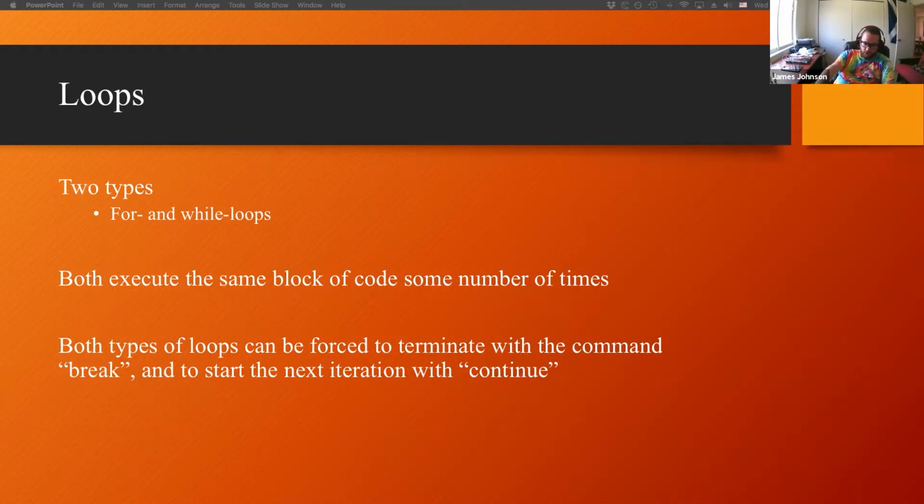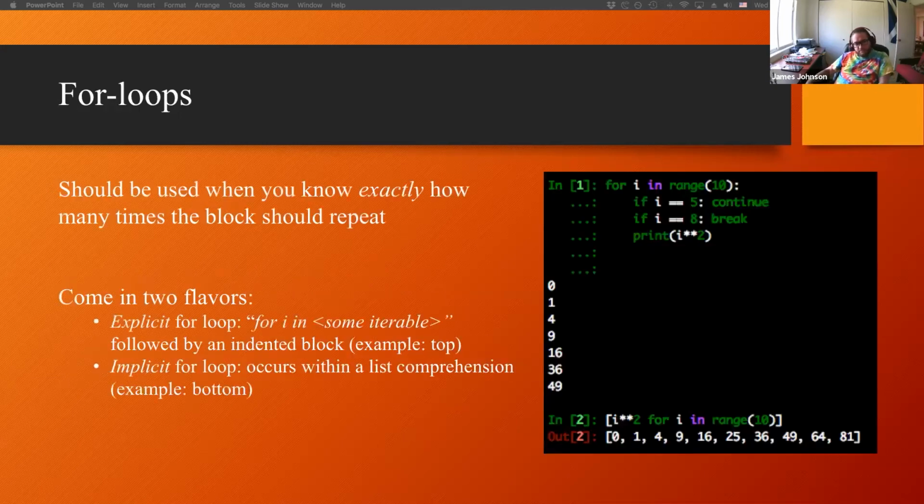So we'll start with for loops. Those of you that have seen list comprehensions with for loops before, this second example will look familiar. For loops in Python come in basically two flavors.